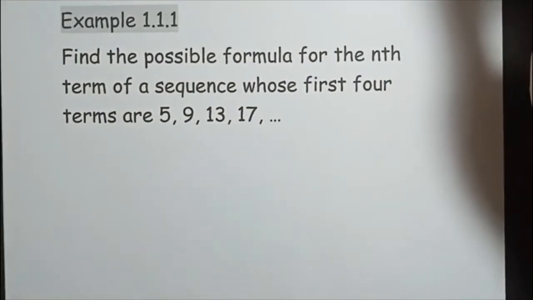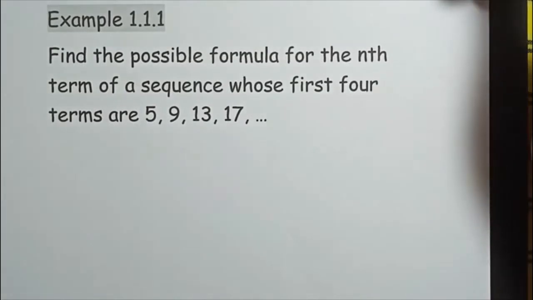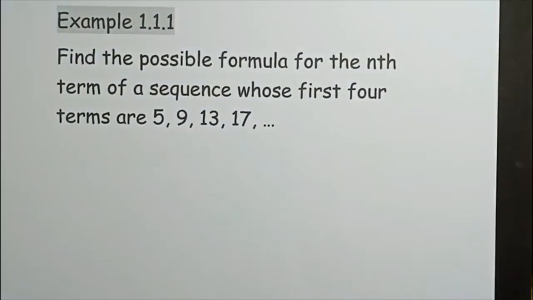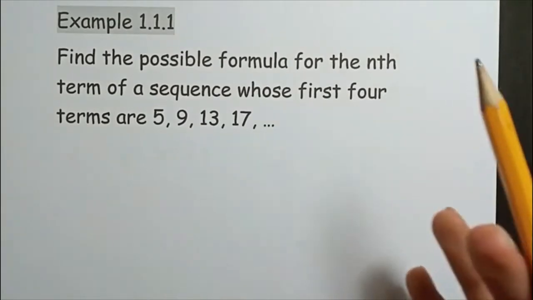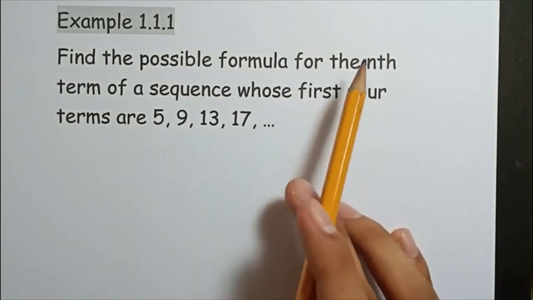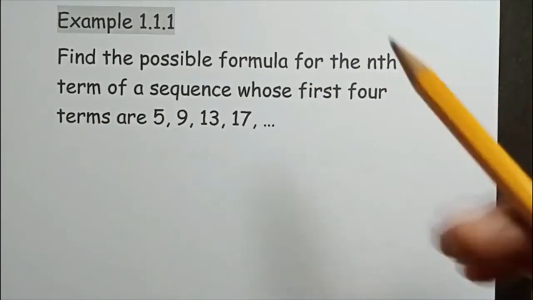Example 1.1.1. Find the possible formula for the nth term of the sequence whose first 4 terms are 5, 9, 13, and 17. Observe muna natin yung patterns para makuha natin yung explicit formula niya or yung possible formula for the nth term or yung a sub n natin.